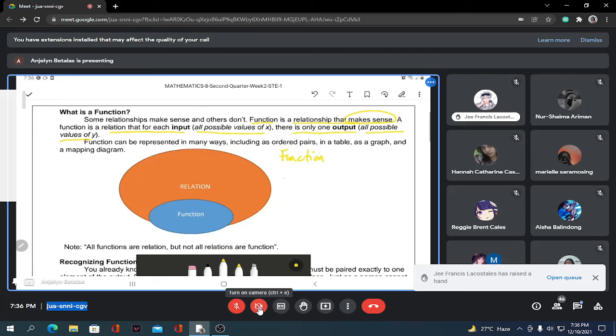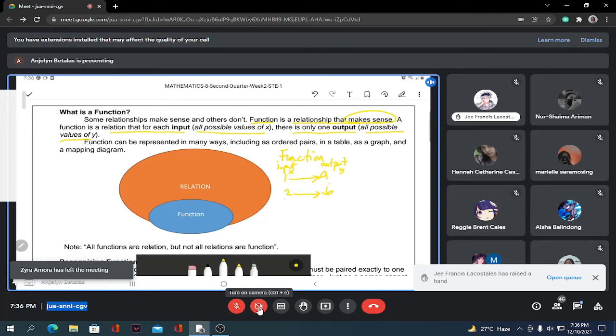Example. 1, 2. Let's use A, B. The input is the x, the output is y.